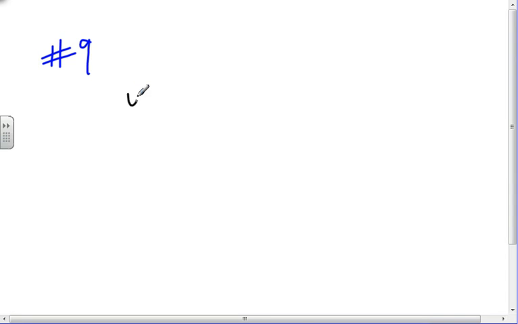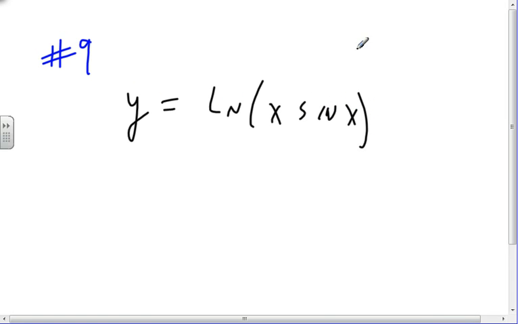All right, so y is equal to natural log x sine x. Okay, now remember that if I take the derivative of xy, that's going to be xy prime plus x prime y, right? So that's what I'm dealing with there.